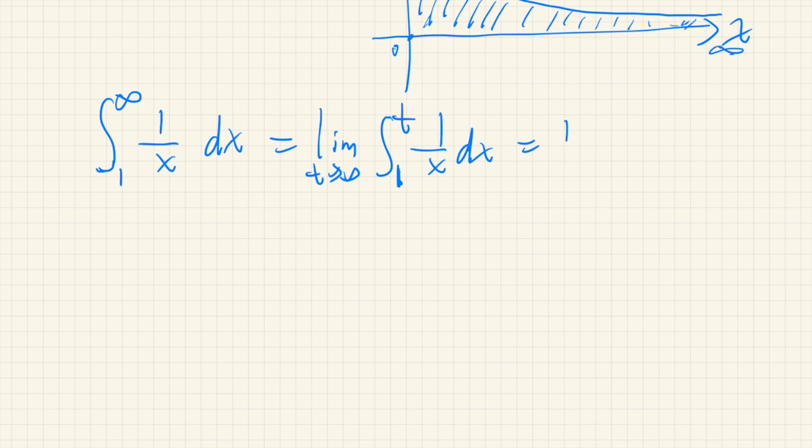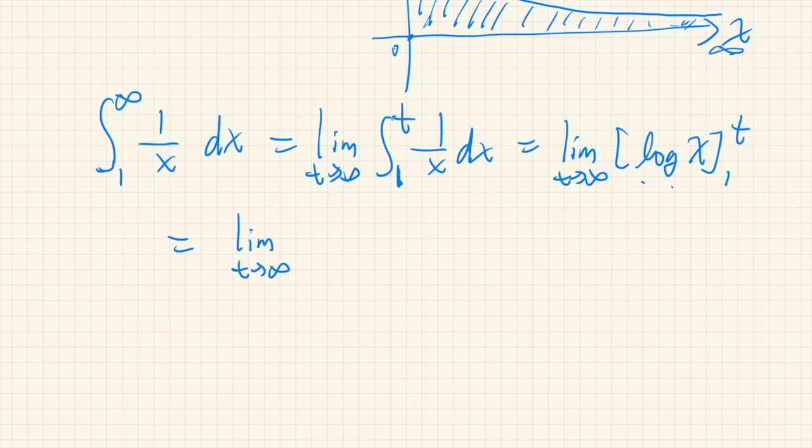And that is limit t to infinity of log x, so this is natural logarithm from 1 to t, and limit t to infinity of log t minus log 1. Log 1 is 0, so this is just log t. And the logarithmic function monotonically increases. So it's a monotone increasing function, so this diverges to positive infinity.